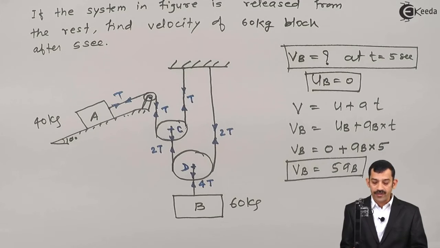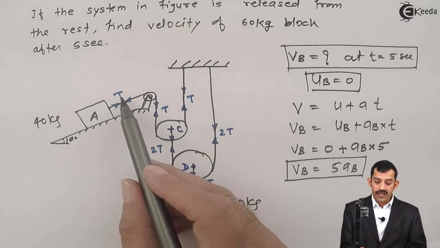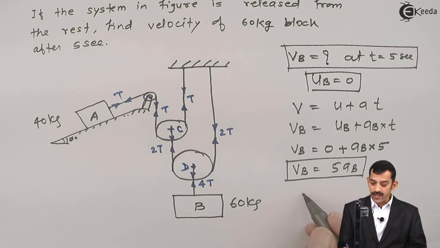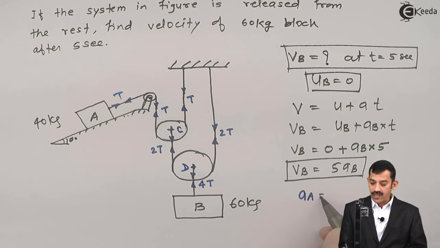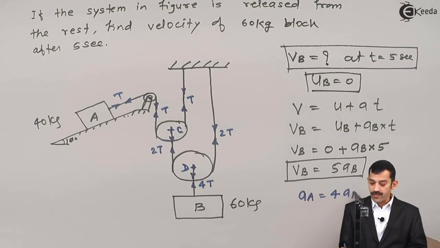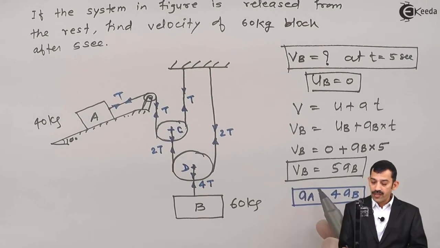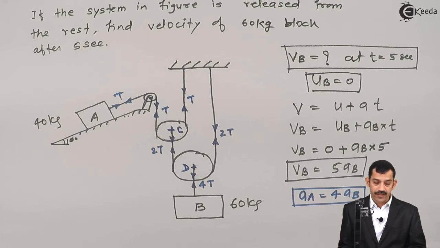Therefore the relation between accelerations is 1 into AA equal to 4 times AB. That means AA equals 4 times AB. This is the relation between accelerations. To find the velocity, we'll find the acceleration of block B, and to find this acceleration we'll use this relation between accelerations.